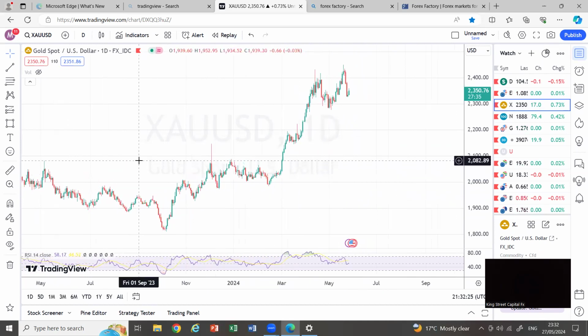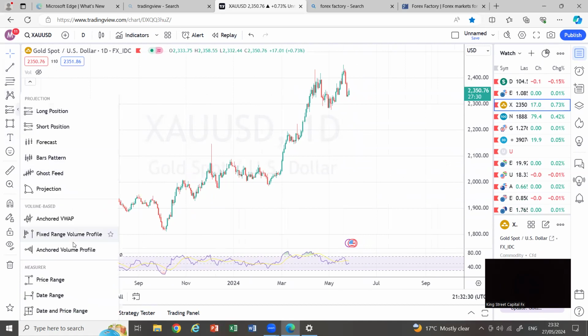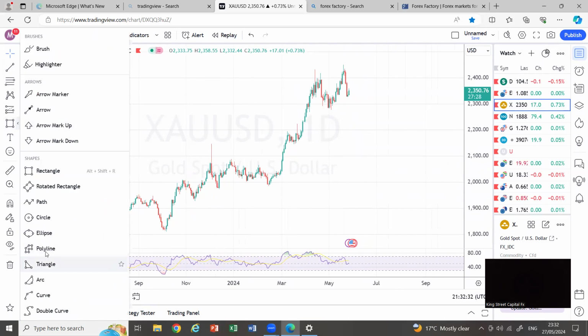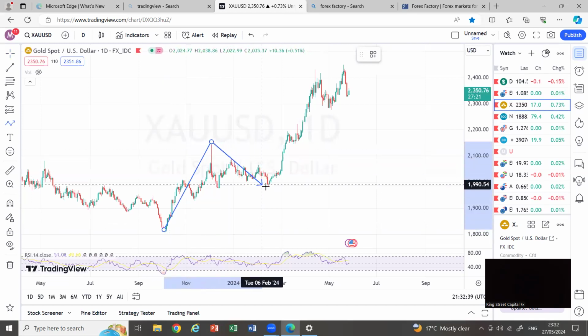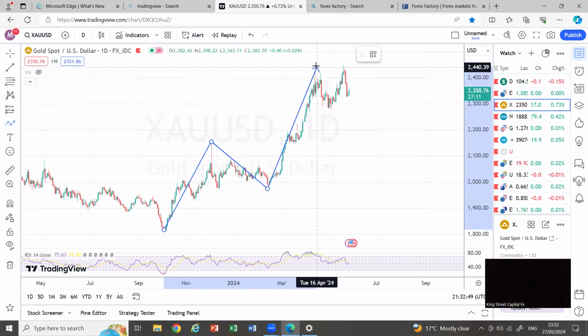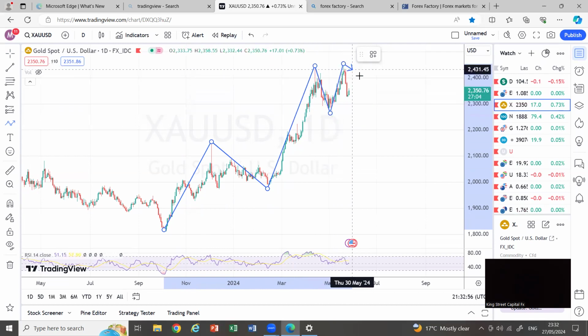All right, so let's draw out our current path. We're on the daily. So low, high, higher low, higher high, higher low, higher high, higher low.